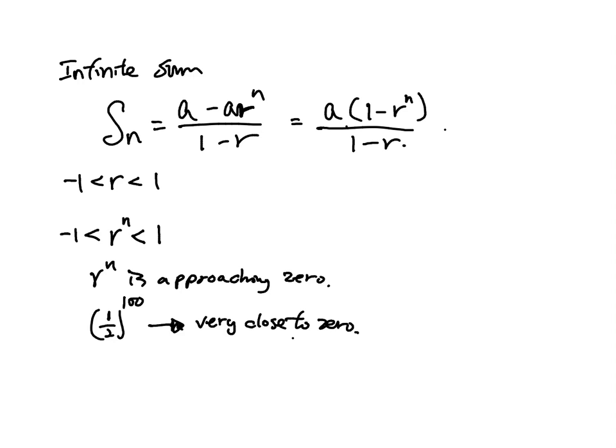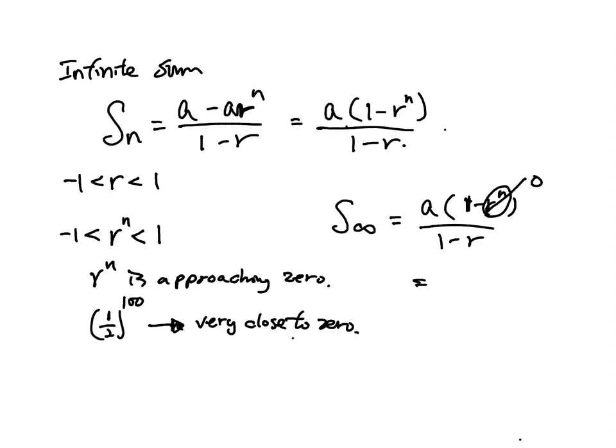So that means if we let n go to infinity, the 1 minus r to the n part is going to get close to 0.